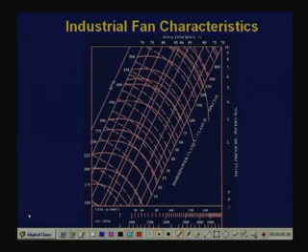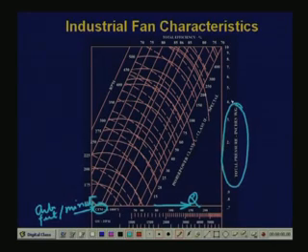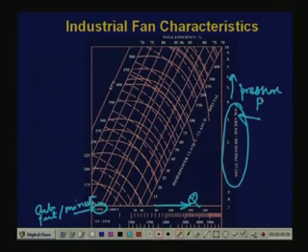On this axis you have CFM, cubic feet per minute, a unit of volume per minute, so this is nothing but the volume flow rate Q. And this axis is total pressure in inches of water column, or P.